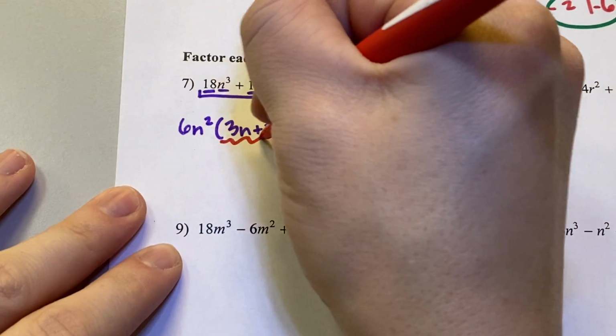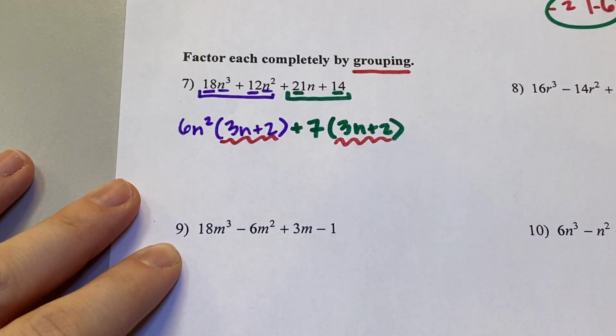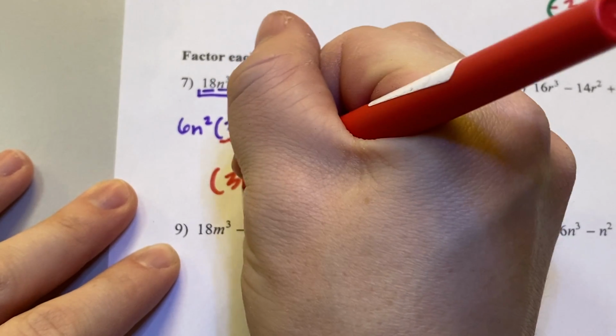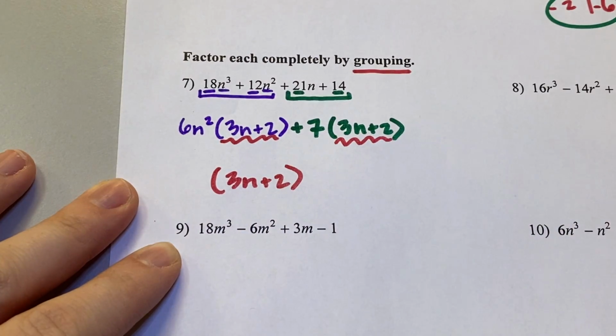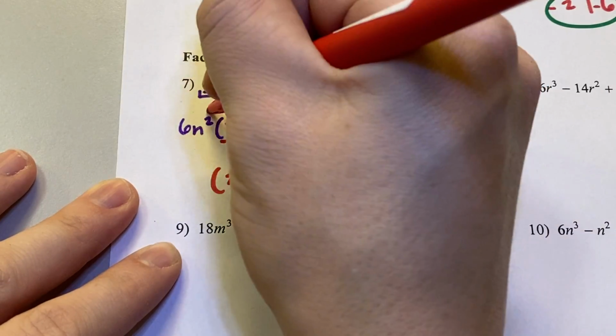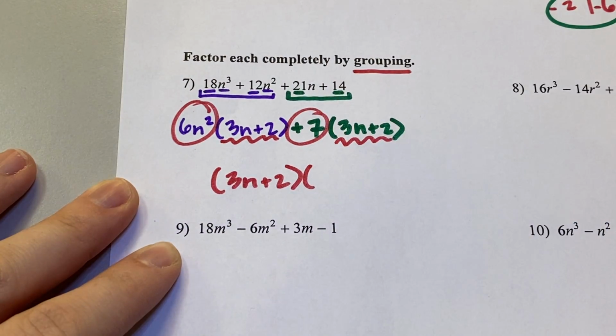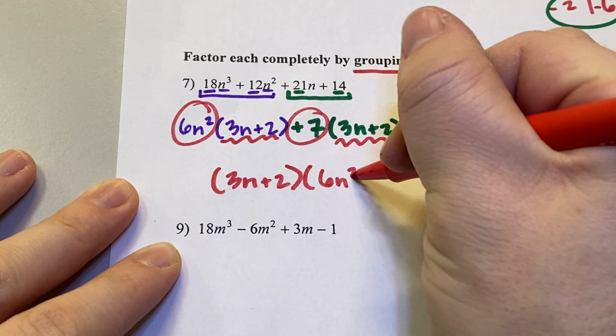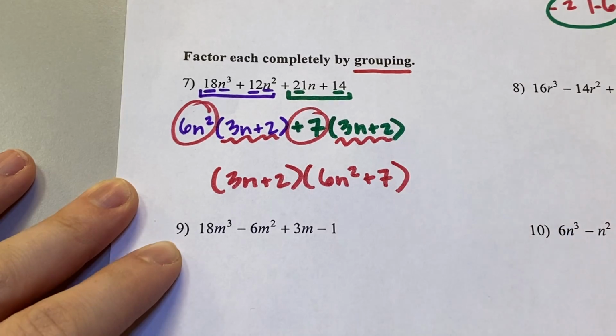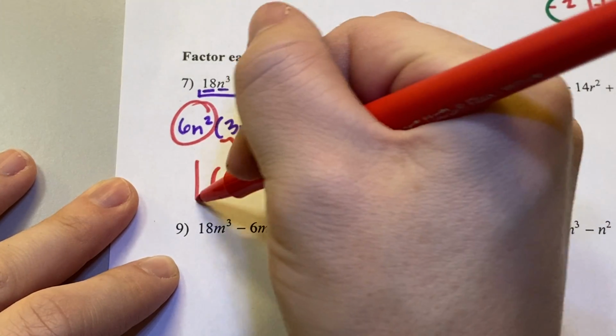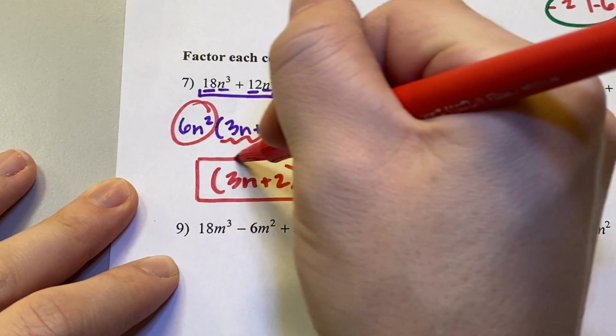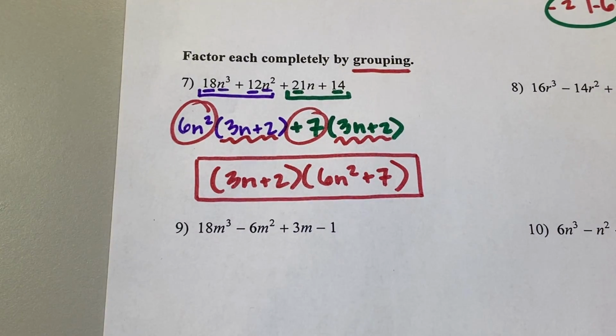We want these to be the same, 3n plus 2, 3n plus 2. They become our first factor. Our second factor is just what's left on the outside, 6n squared plus 7. Beautiful.